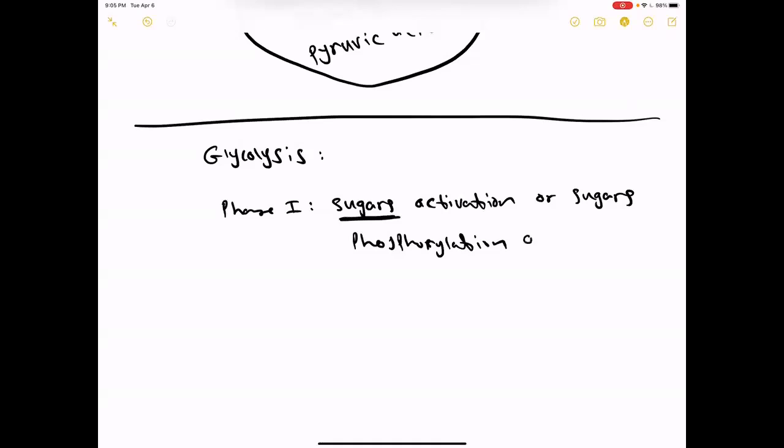I said you might come across this term as well, the energy investment phase. Why is that? We said because you are investing energy, and in this phase we invested 2 adenosine triphosphate.